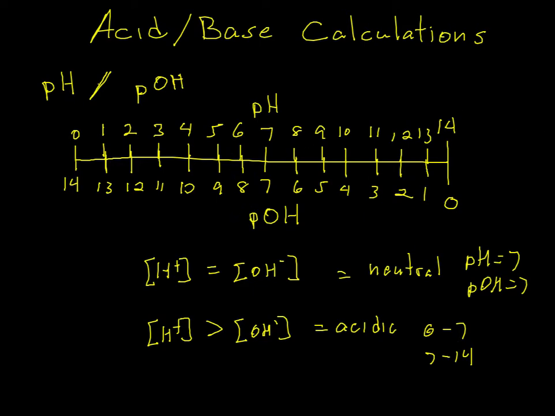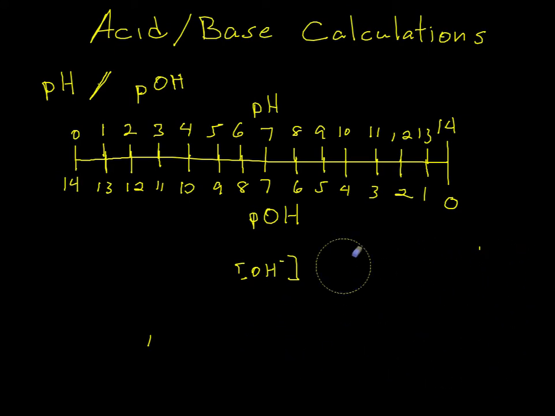An important thing that you can recognize from this scale is that there is a formula that comes from it. If you look at the pH at any given point on the line, and you add to that the pOH at the same point, so for example, if we choose this point right here, the pH plus the pOH is equal to 14.